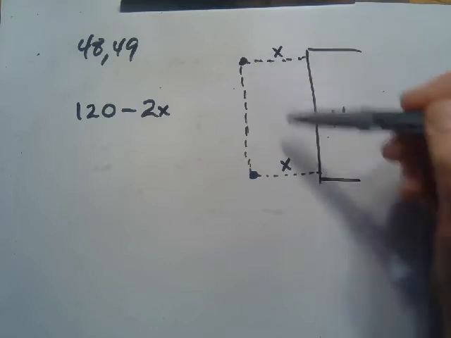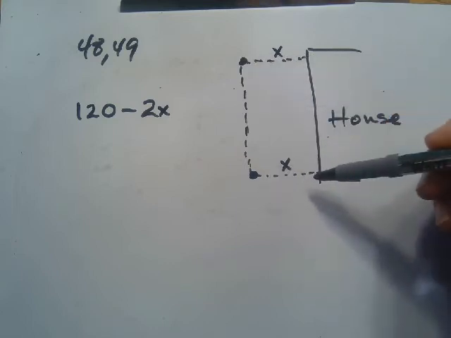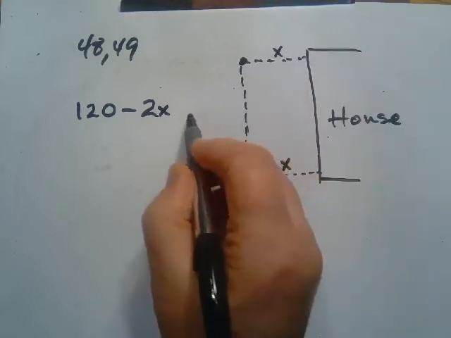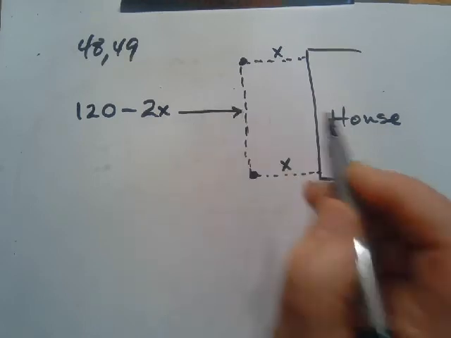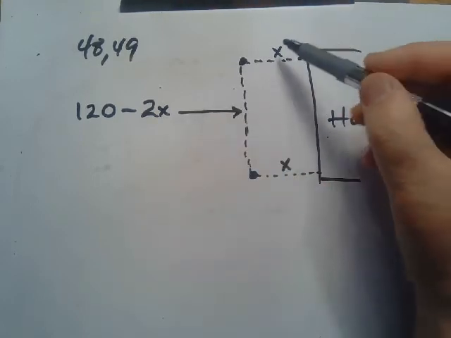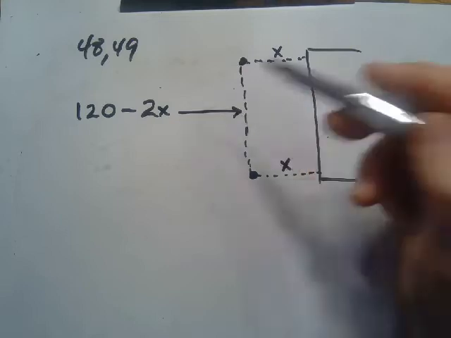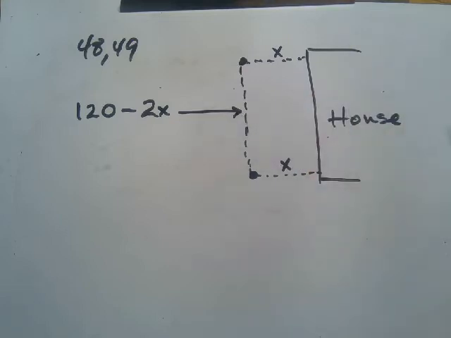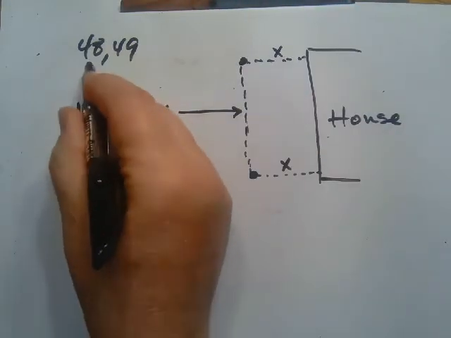So you're going to take out those two chunks of fencing, and then this has to be the length of that side. So if the width is x, the length is 120 minus 2x. So that's the answer to number 48. Okay.